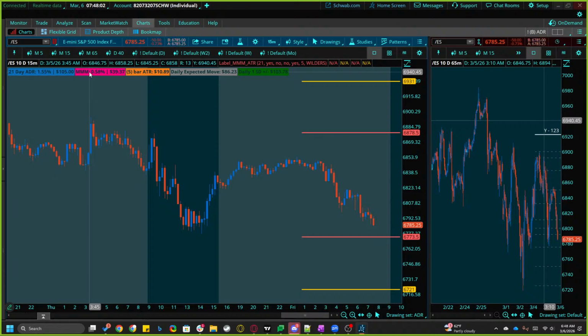But on the other hand, the big bar happens when people are caught offsides and then they're scrambling and they're all trying to hit the bid or they're all trying to hit the ask and they push and the bid-ask spread gets really wide and we get those waterfalls or those big spikes. But if they're hedged, they don't need to chase it. They're not offsides. It won't matter what direction we go. They're fine, and then we shouldn't see them all chasing after the bid or the ask. So it's kind of a catch-22 on that one.